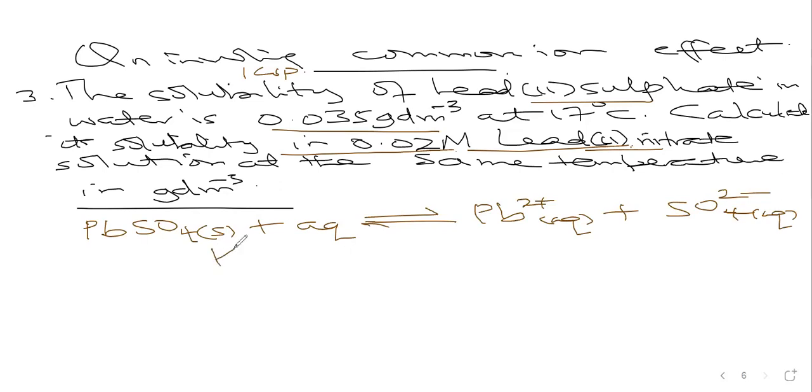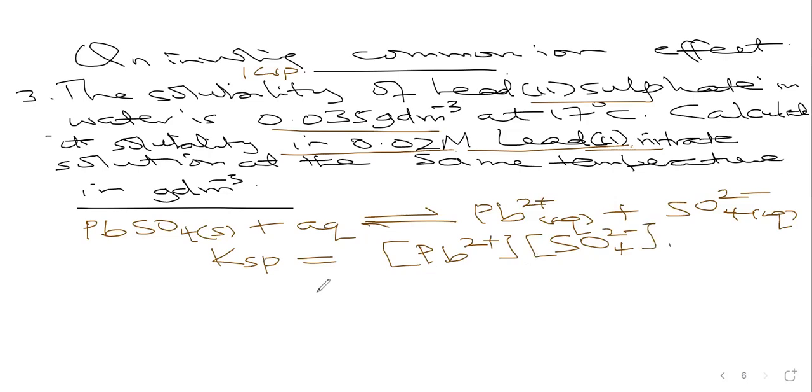So from this, we can get the expression for KSP as concentration of lead 2 ions times concentration of sulfate ions. That's the expression. We don't have this, neither do we have this, but we have the solubility of lead 2 sulfate in grams per liter, which you can convert to moles per liter and be able to get the concentration of each of these ions.